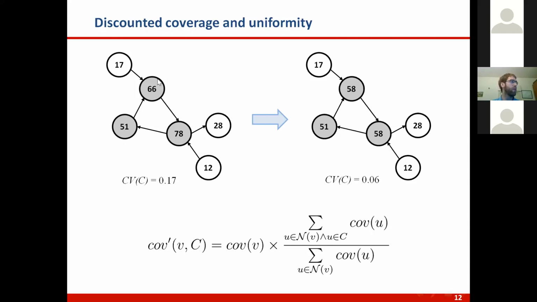So in this example, this 66 is multiplied by the sum of the coverage on the neighboring nodes, that's these two nodes, normalized by the sum of the coverage of all neighboring nodes, including those that are off the cycle. So that's including this node of 17. When we do this, we can compute the coefficient of variation, which is how we measure uniformity. And as you see in this example, the coefficient of variation is greatly reduced once we've discounted coverage coming from off the path.